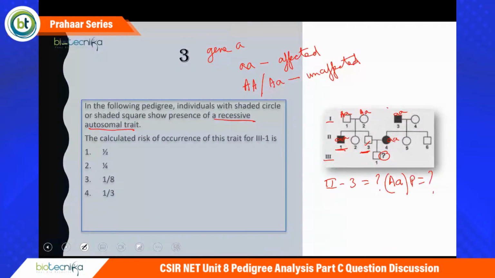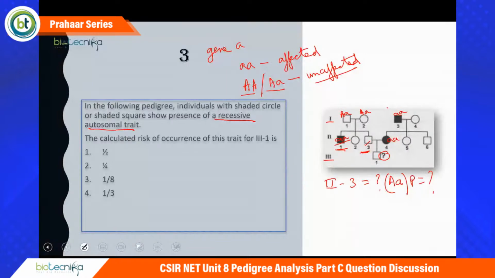Okay, see, for this, the first thing is when both the parents are heterozygous, they can produce an affected individual or an unaffected individual. Affected individuals you will know immediately because they will be homozygous recessive. The unaffected individuals can be either homozygous dominant or heterozygous. So among the unaffected individuals, how much is the probability that it is heterozygous?